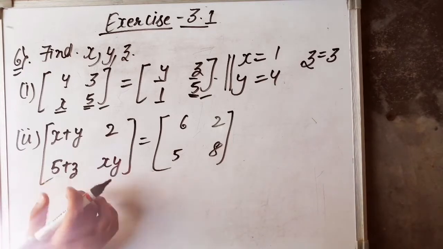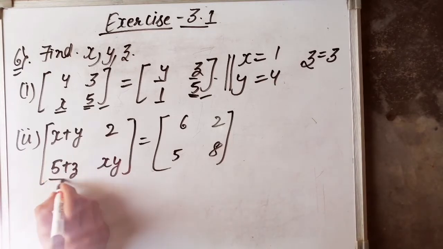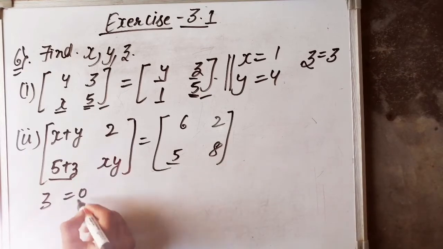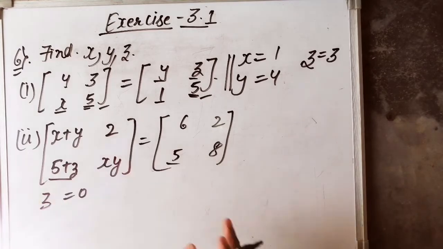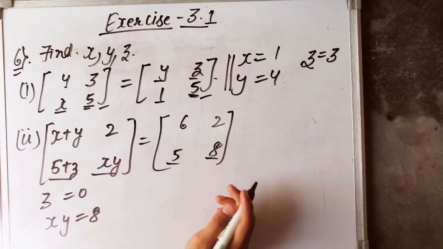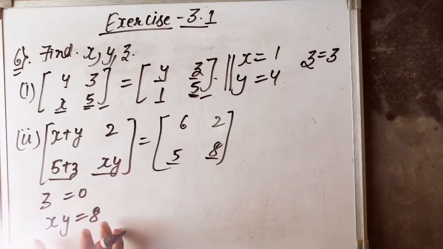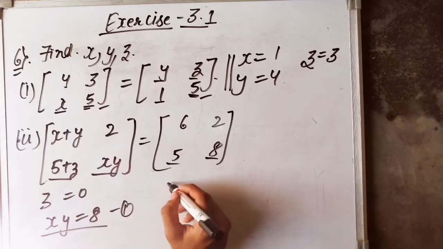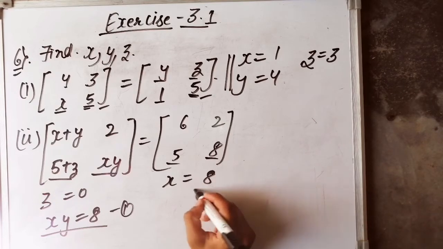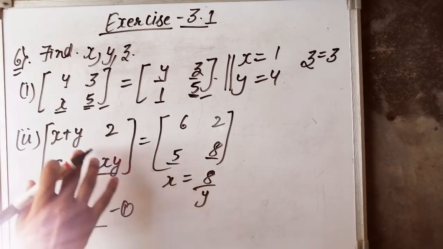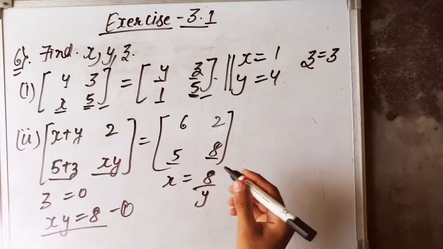See here, I am finding out the value of z first because there is nothing to do in this value. Z value is 0. Okay, xy equals to 8. It is given here, xy equals to 8, and using this equation I'm finding out the value of x, which is x equals to 8 by y, and I'm substituting this value in this equation, x plus y equals to 6.